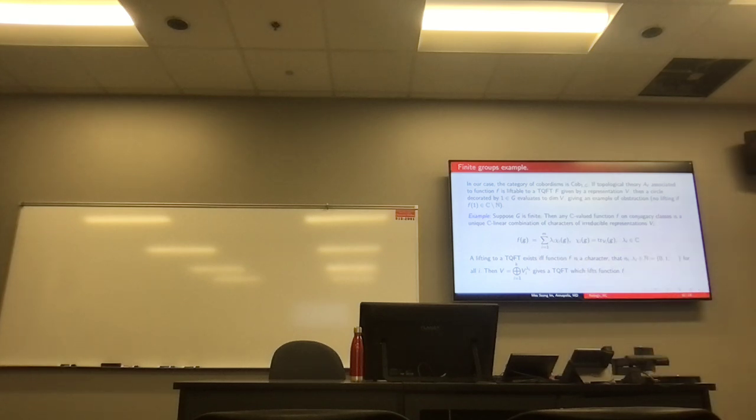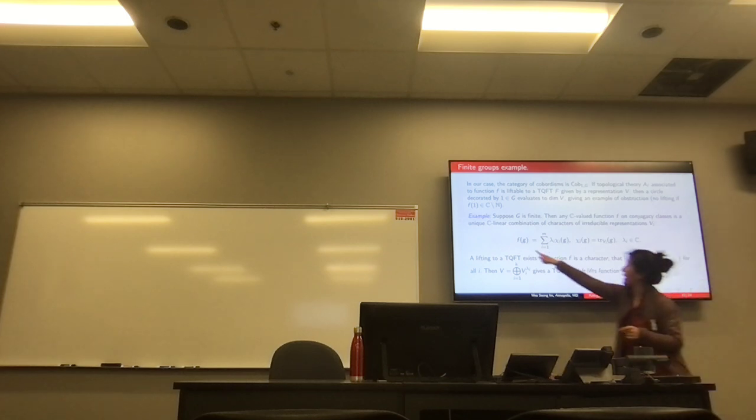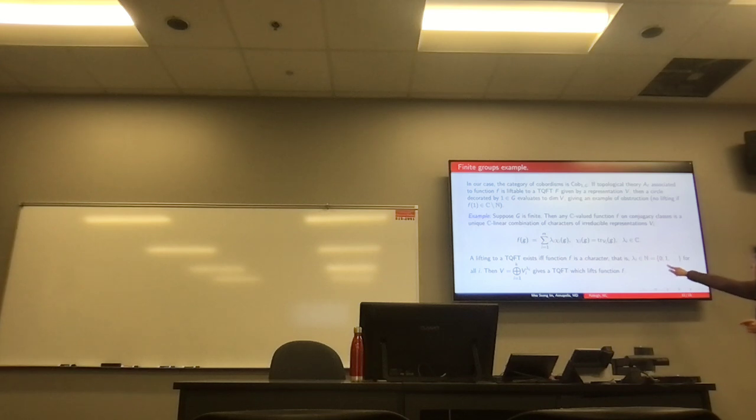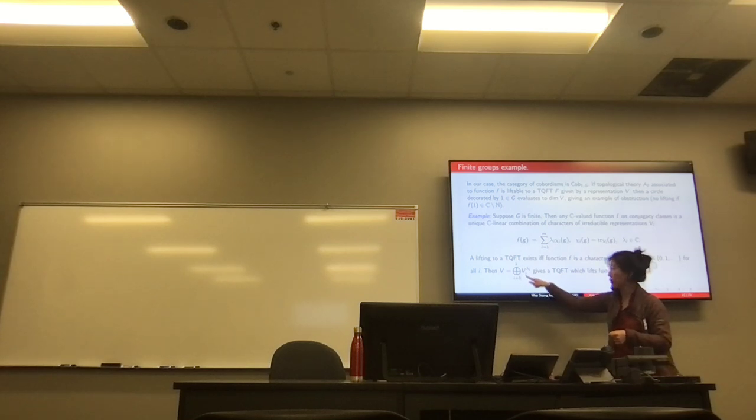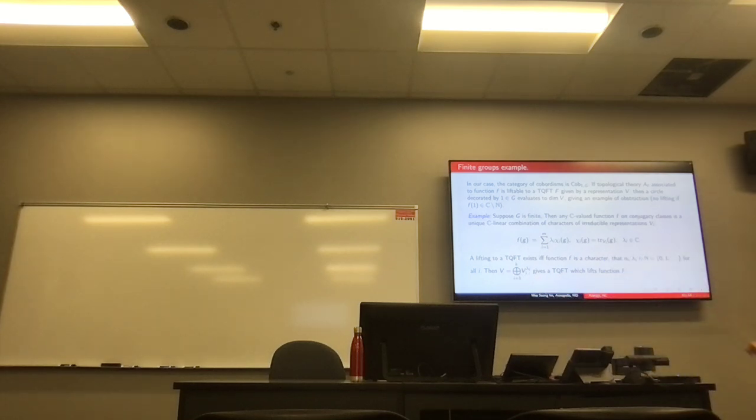Lifting to a TQFT exists if and only if this function is a character, which means this lambda_i, the coefficient, must be a natural number, a non-negative integer, for all i. Then you actually get this V, which is a direct sum decomposition, V equals summation of V_i to the lambda_i, which gives us a TQFT lifting the function lowercase f.